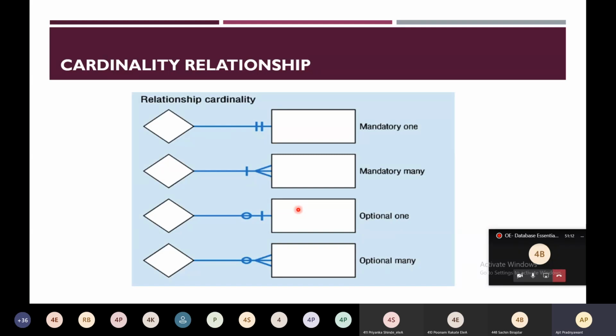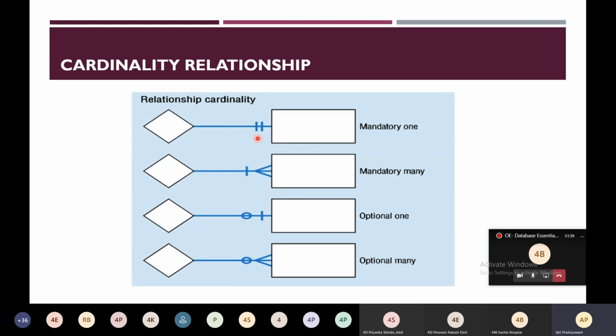So next is cardinality of relationships. We have seen cardinality; this is the way to represent it. Relationship cardinality. This double line indicates mandatory one. This entity is associated with one entity in this relationship.